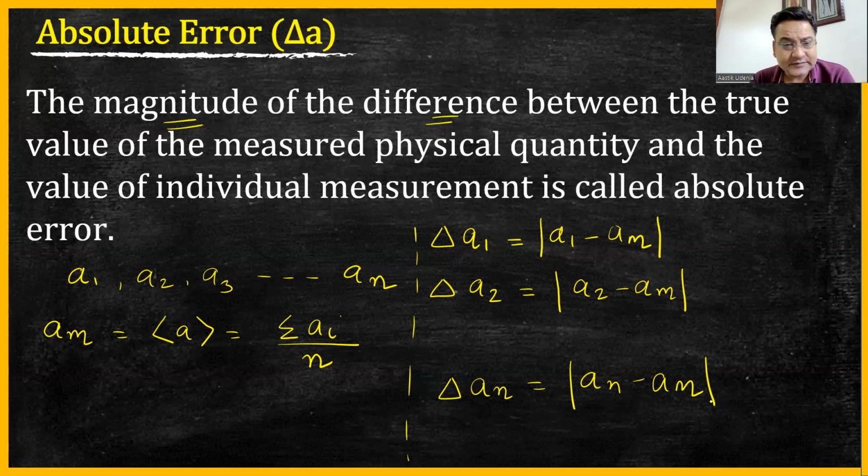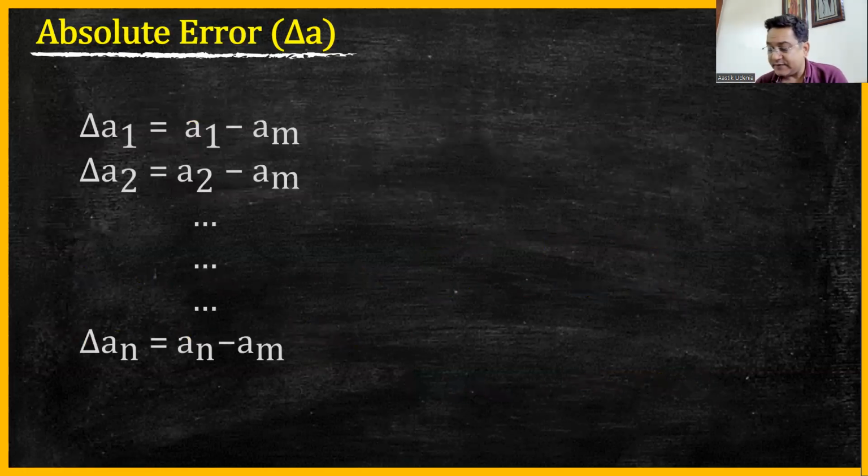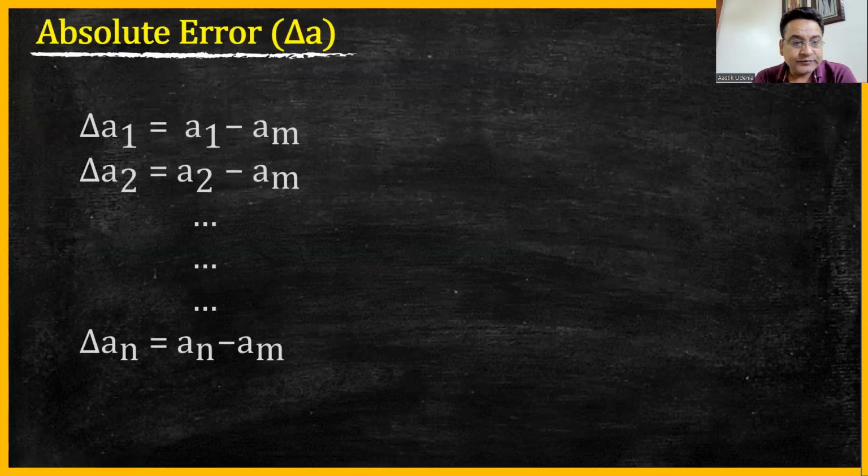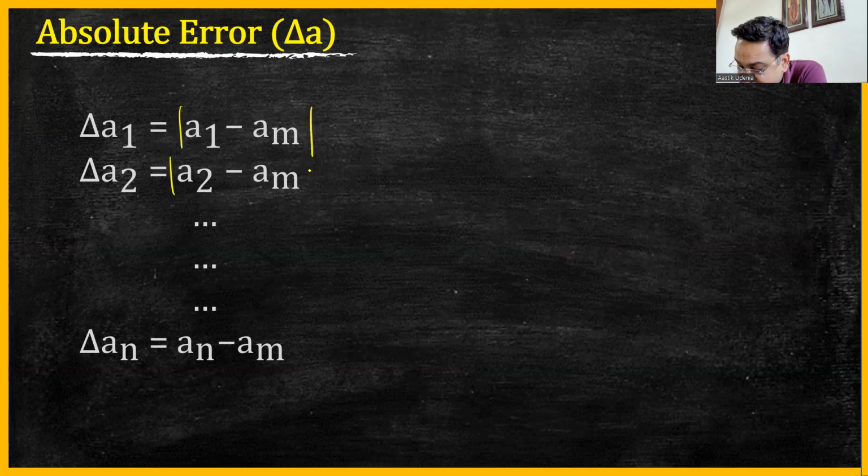Do we understand this? Yes, sir. Have you noted this down? Yes. So that is how you can find the absolute error. The absolute error in the first measurement will be this one, and you can put it in mod if you want to. The error in the nth measurement would be like this. Do we understand this? Yes, sir.